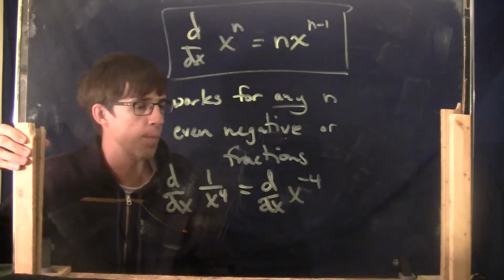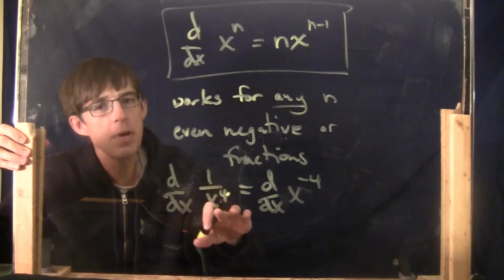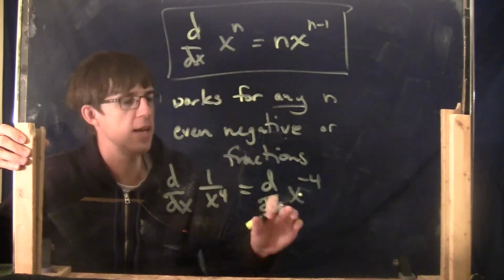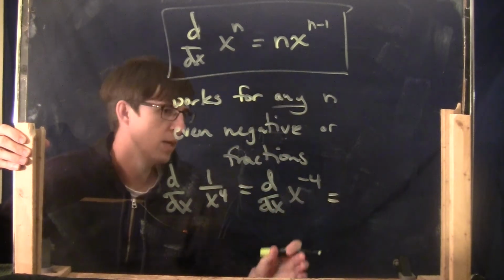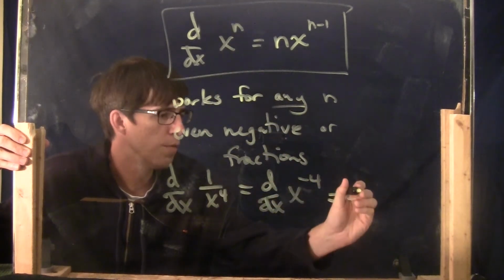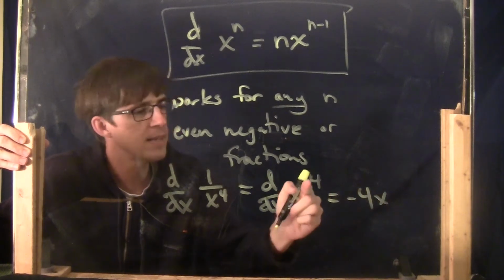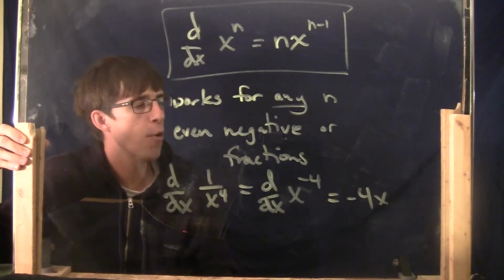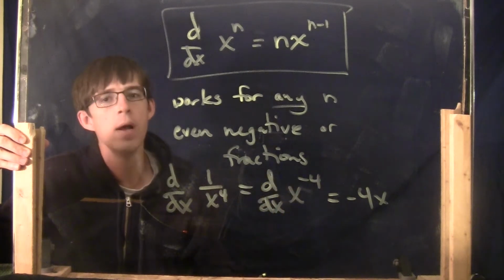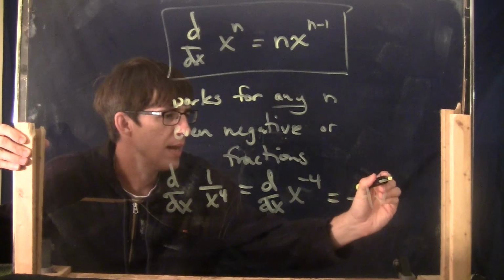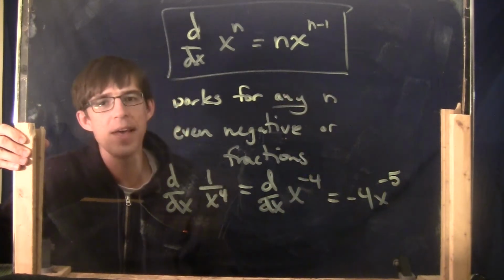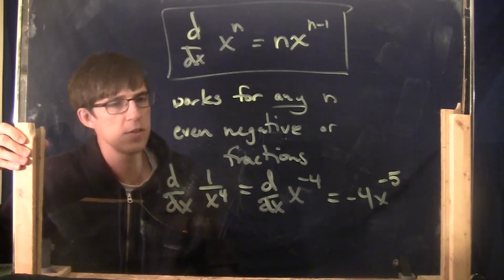That's what x to the minus 4 means. So, since I rewrote this to look like x to the n, I can use the formula, and what do you get? The exponent becomes a coefficient, so it's minus 4 in the front, and then the x, and then you decrease the power by 1. Negative 4, you subtract 1, you get negative 5. All right? And that is the derivative of 1 over x to the 4. Okay?